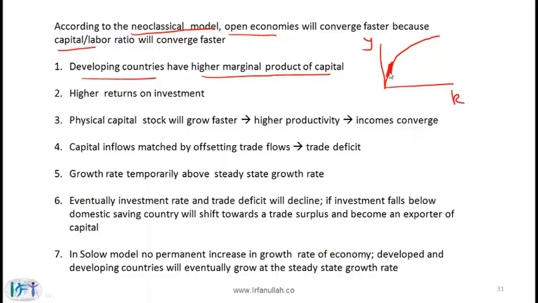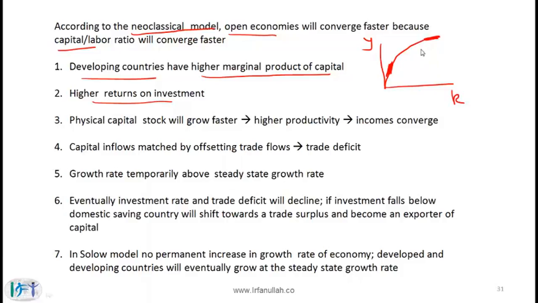Developing nations are somewhere over here, which means that the output per unit of capital is higher, so higher marginal product of capital. This means that the returns on investment will be higher. So clearly investments made in developing countries, which are over here, will produce a greater return relative to investments made in developed countries, which might be somewhere here.